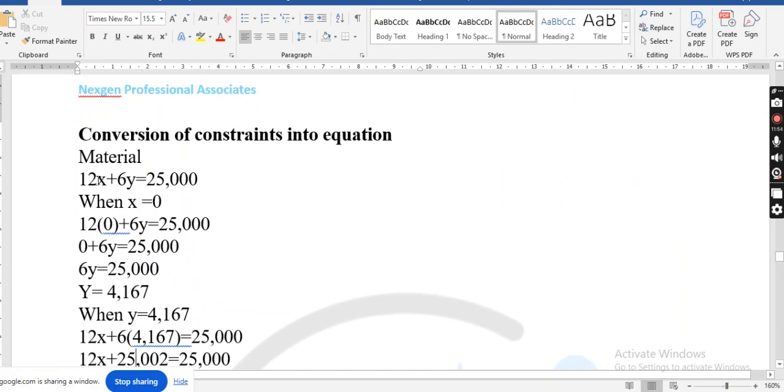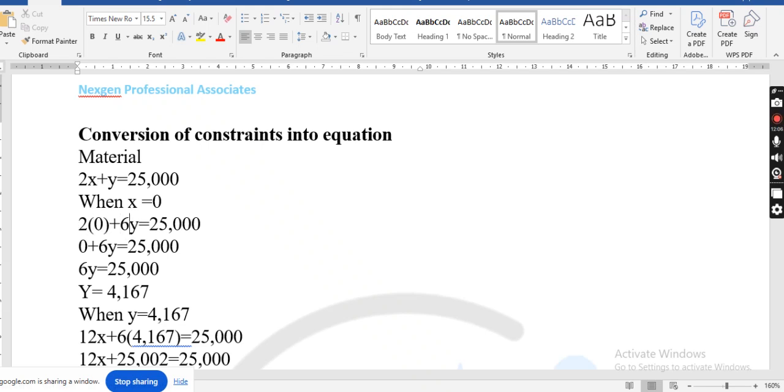So when x is equal to 0, this will be 2y. We can't put 1y, so we can say y. So y is equal to 25,000.